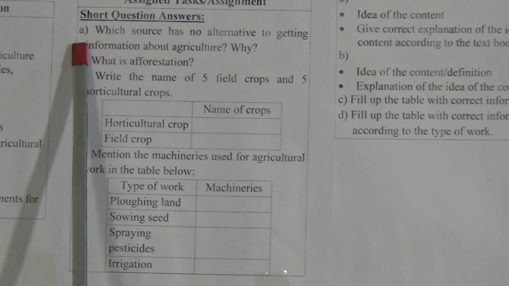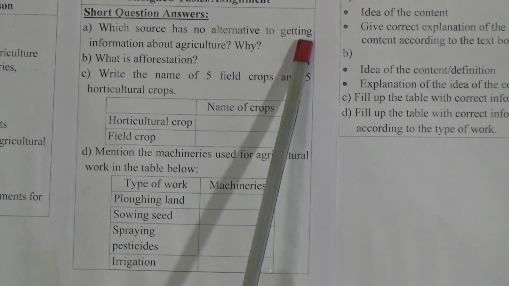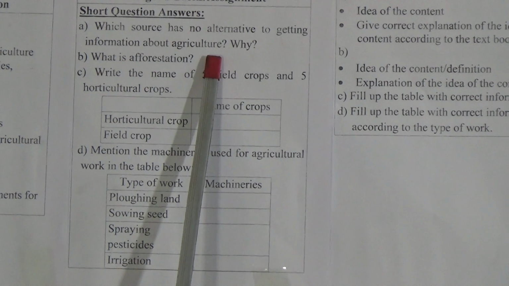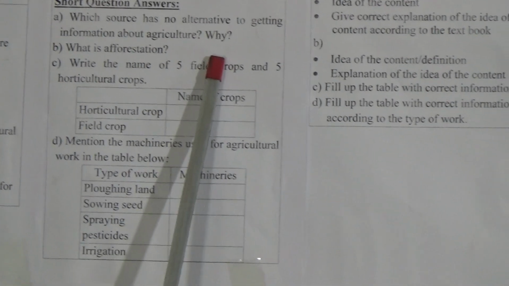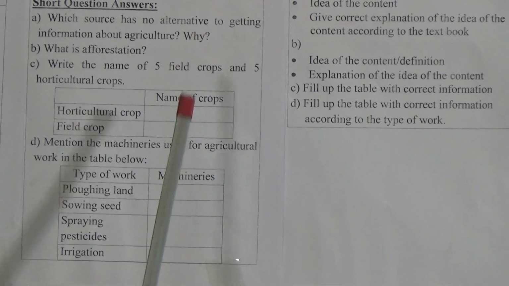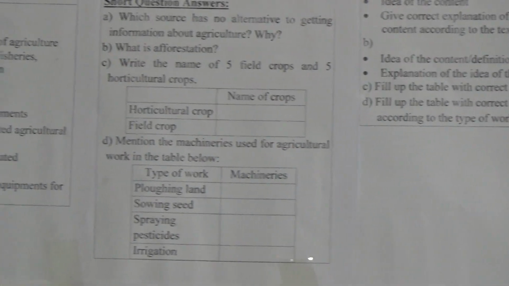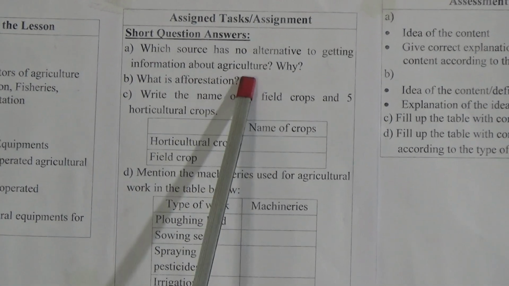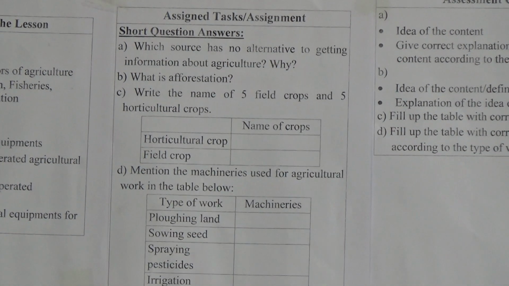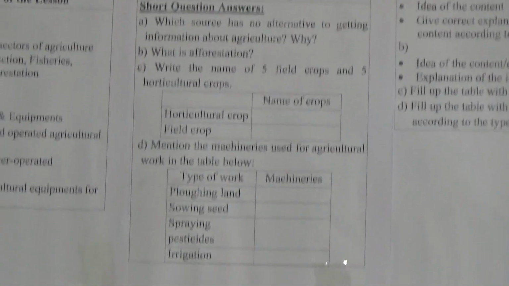Just look at the first question: which source has no alternative to getting information about agriculture? Why? For this question we have to go to chapter 1 lesson 3 actually. Okay, for the first question, which source has no alternative to getting information about agriculture and why? Just look here, lesson 3.